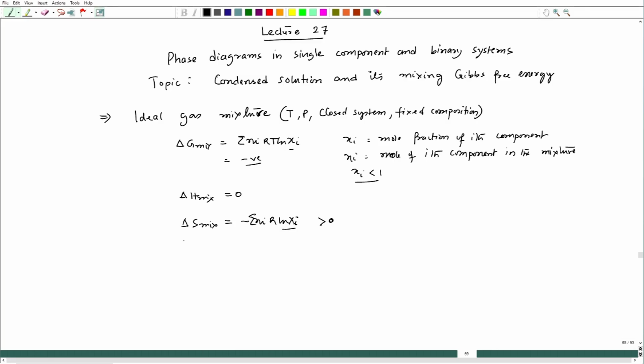In fact, we can also say that G of mix can be written as summation of Ni Gi bar.